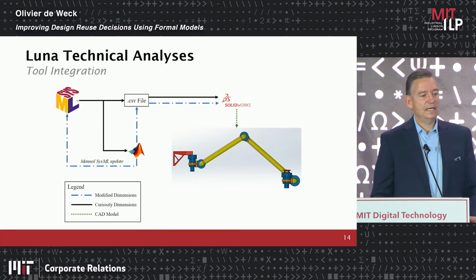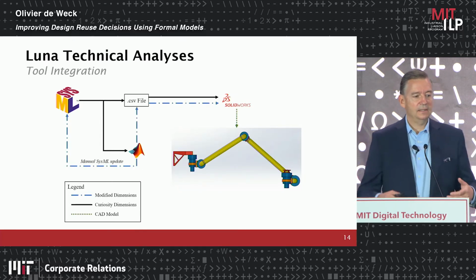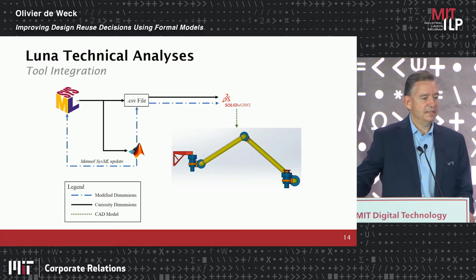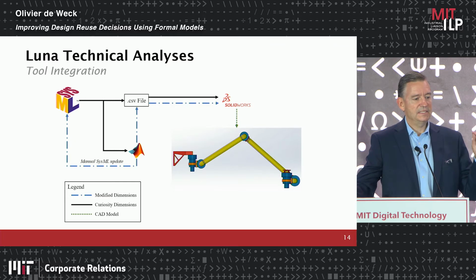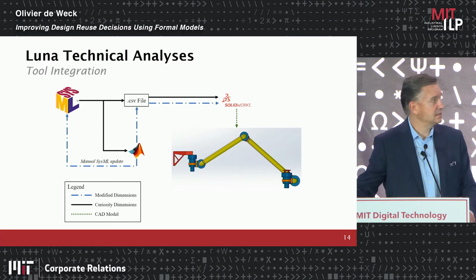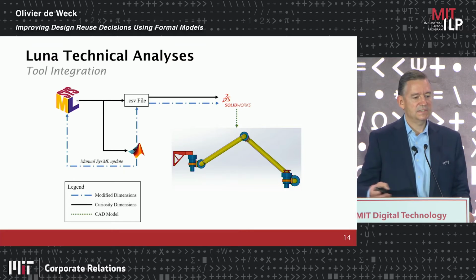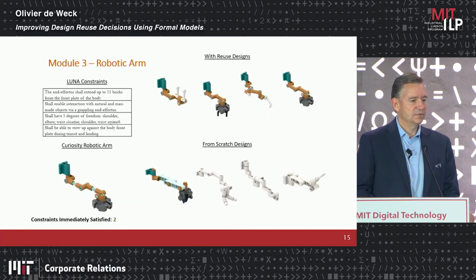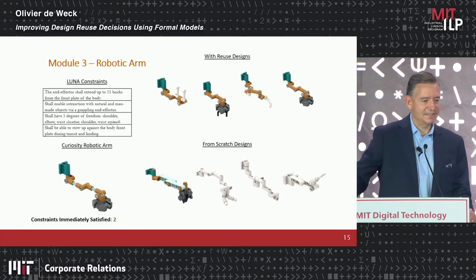And so this is kind of what it looks like. It is a simplified analysis. We acknowledge that, but it shows you the CAD model, the CSV file, the MATLAB analysis, and then all tying it back to that SysML model, which is our single source of truth. So that's our Luna technical analysis.